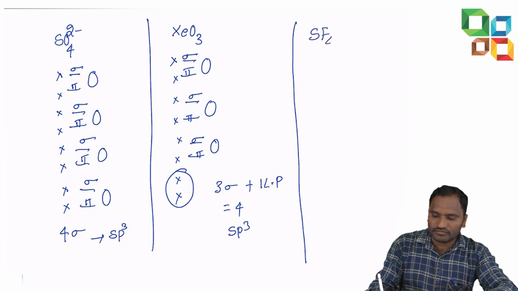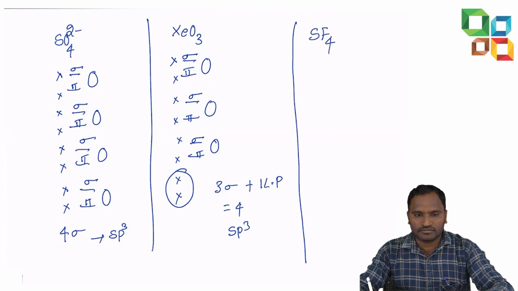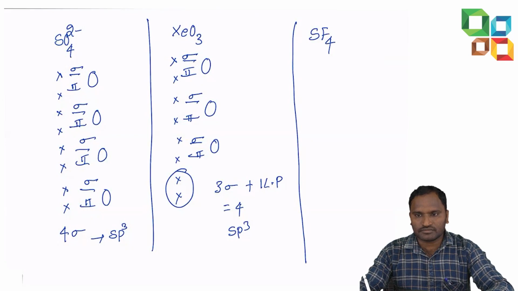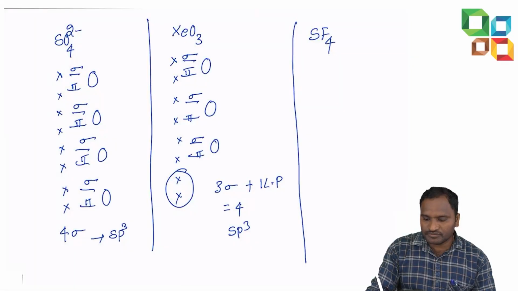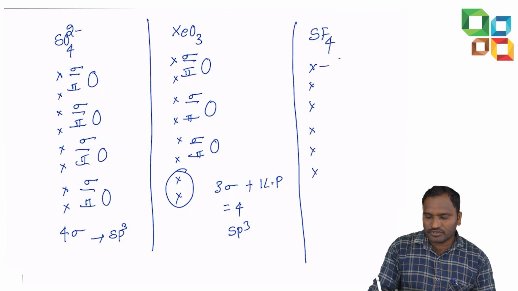SF4. Hybridization of SF4. Sulfur in SF4. Sulfur belongs to the 16th group, so 6 valence electrons. 4 fluorines are there now.